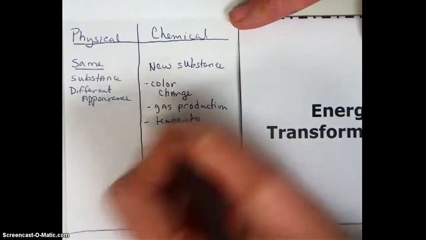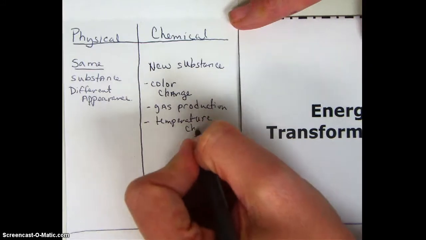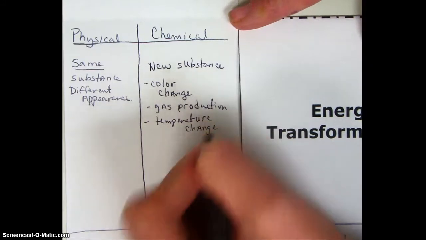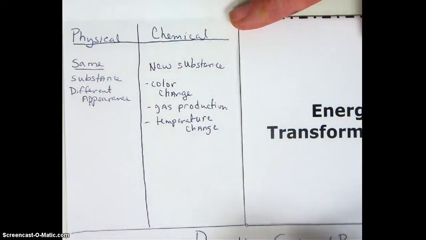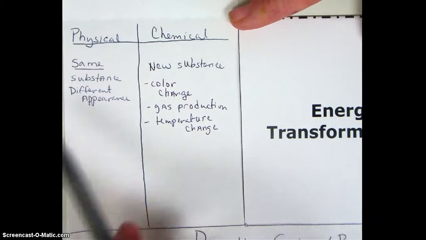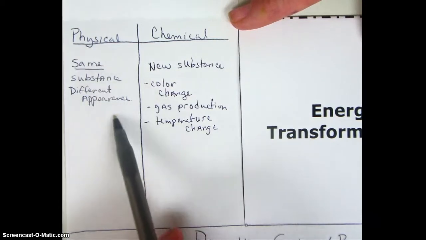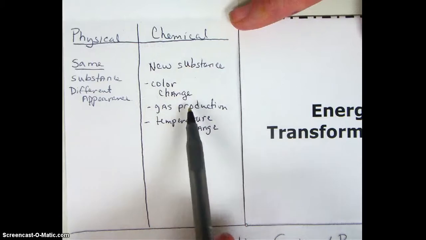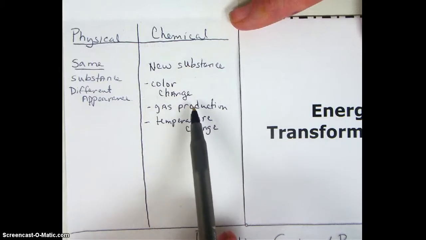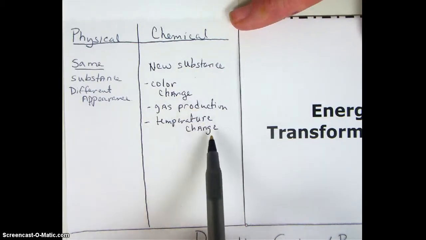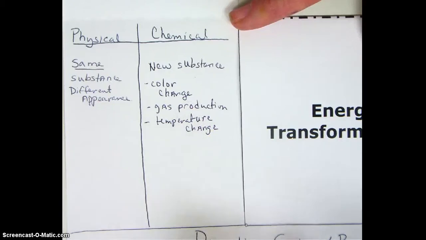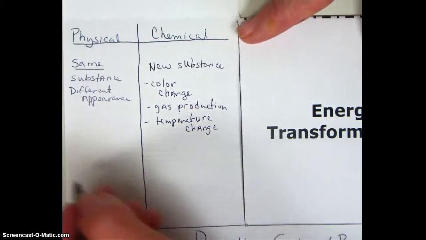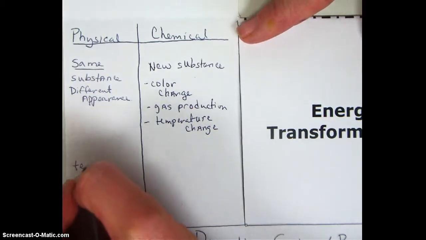It gets hot or cold. Those are all indications of a new substance. So for a physical change, you have the same substance but a different appearance. For a chemical change, you have a new substance, but you could have a color change, bubbles or gas production, and a temperature change.